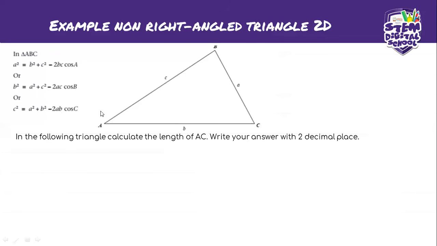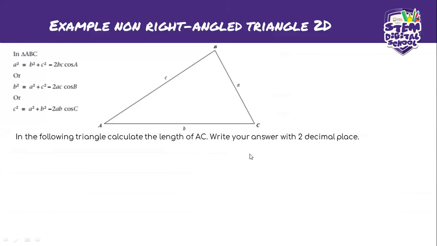Now, let us have an example where we are going to apply or use the cosine rule. All right, it says, in the following triangle, calculate the length of AC. Write your answer with 2 decimal places.